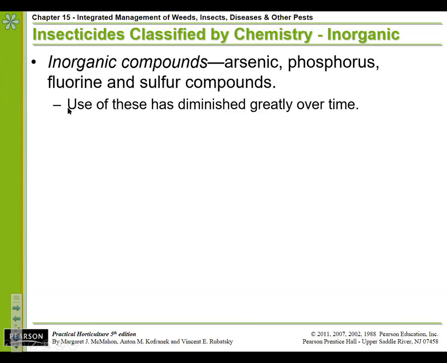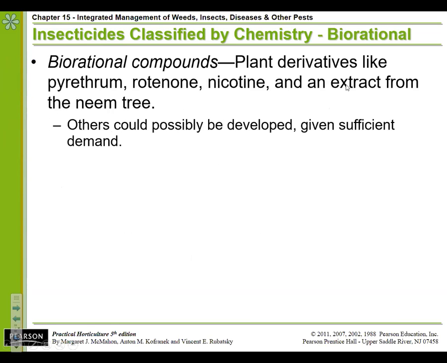So we have stopped using them. So, for instance, the inorganic compounds, by inorganic, we're talking about they are not carbon based. So things like arsenic, sulfur compounds, a lot of these we don't use as much because they are more toxic and not very effective. So a lot of their registrations have been canceled by the EPA.